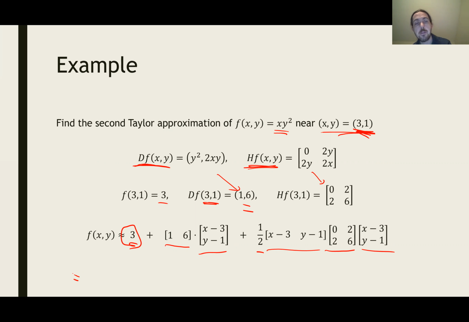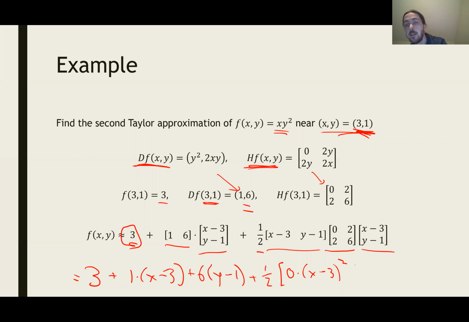And so if I was to simplify this out a little bit by getting rid of the matrix multiplication, I would get 3 plus 1 times x minus 3 plus 6 times y minus 1 plus 1/2 of 0 times x minus 3 squared plus 2 times x minus 3 times y minus 1 plus 2 times x minus 3 times y minus 1 plus 6 times y minus 1 squared.